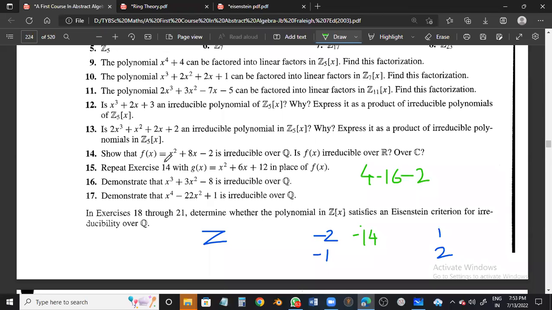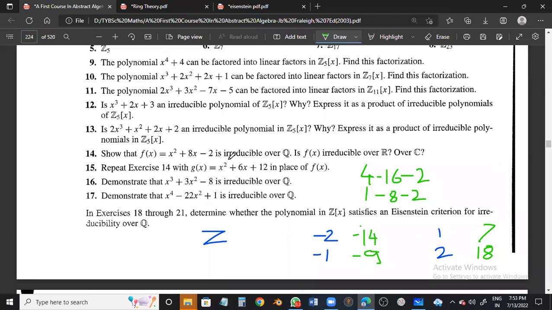Then I put x equal to -1. So this becomes 1 minus 8 minus 2. That gives me -9. Still not a 0. I go with 1. 1 plus 8, 9 minus 2 produces a 7. And if I go with 2, 2 square is 4 plus 16, 20. 20 minus 2 is 18. So nowhere am I getting a 0.